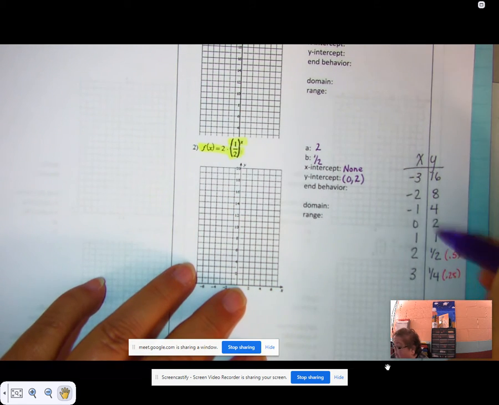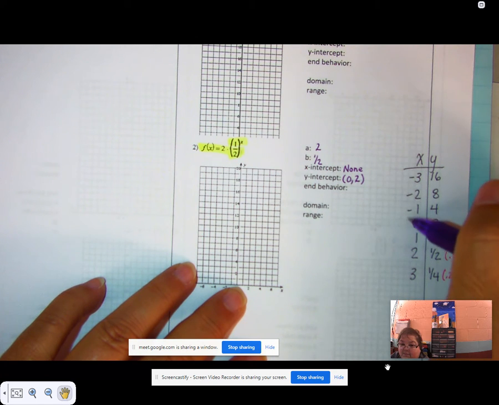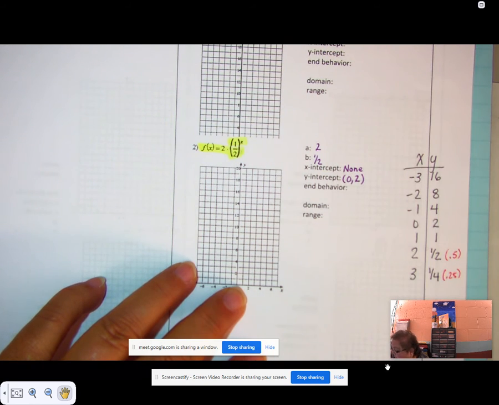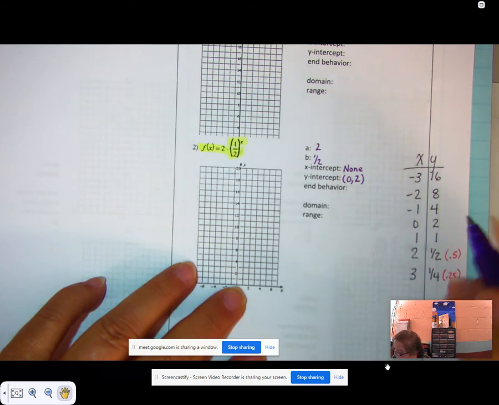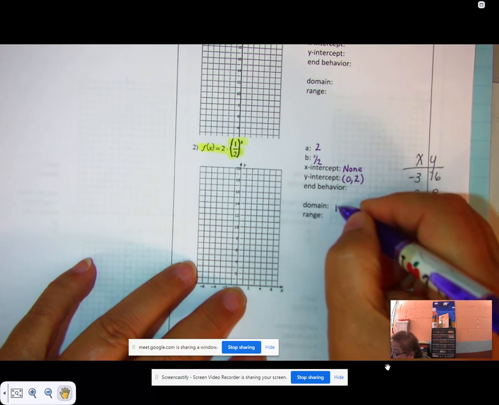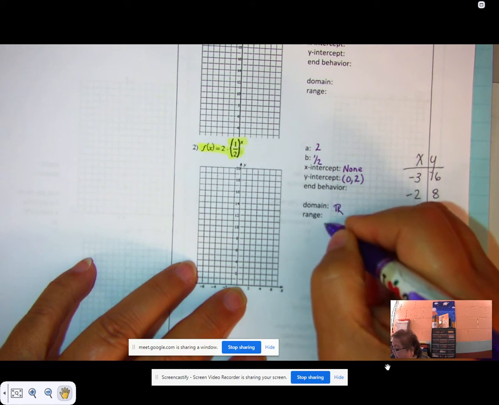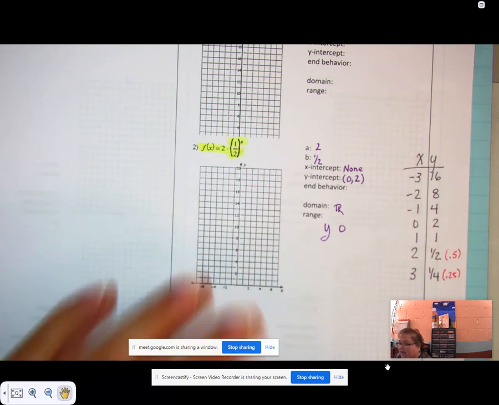But also, you can look at it here in the table of values. I'd expect you to be able to find that in the table of values, because where x is 0, we have a y-intercept. End behavior we're going to look at in a moment, but I know that the domain is all real numbers, and I know that the range is y compared to 0.